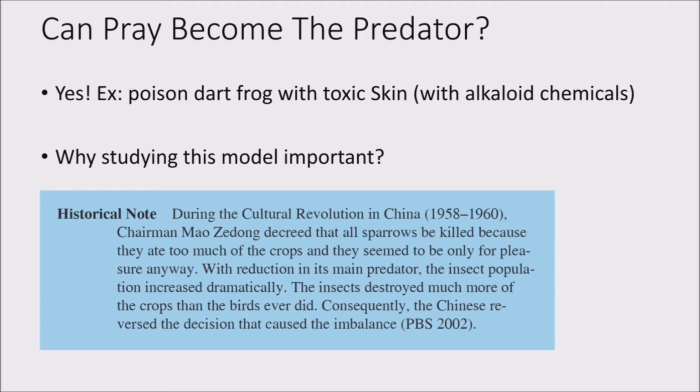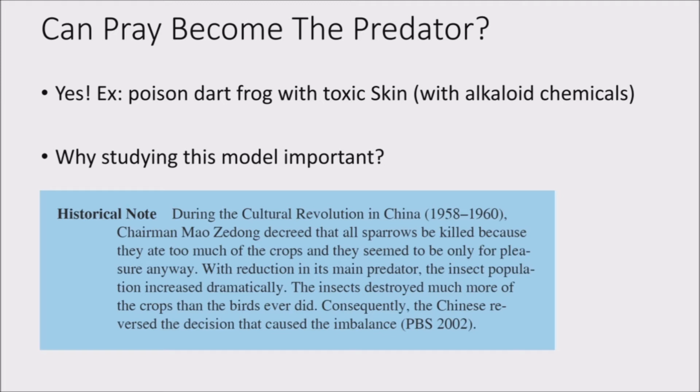This is a good example provided by the book, saying that if you try to take off the balance in nature by destroying one type, which is a predator group in this case, the prey get more powerful, and then the disaster is much more than before, right?